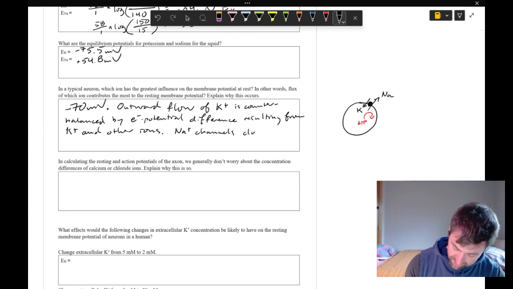Sodium channels are closed at rest, so not contributing to the resting membrane potential as much.